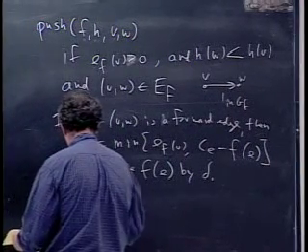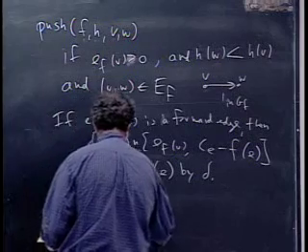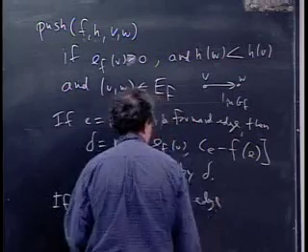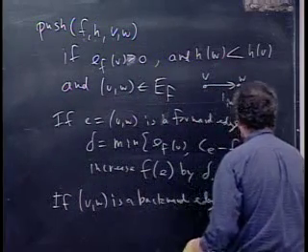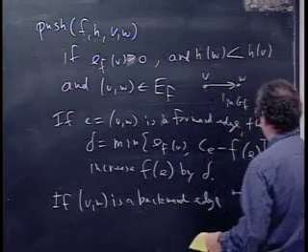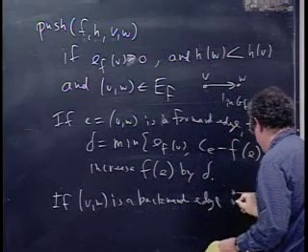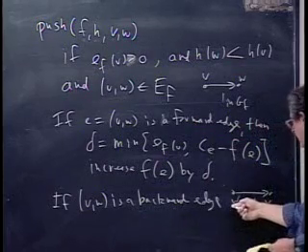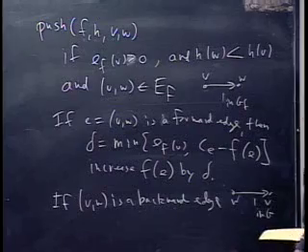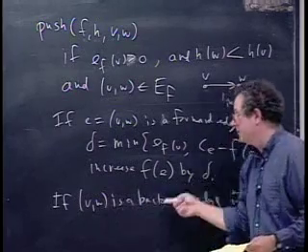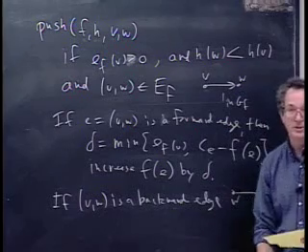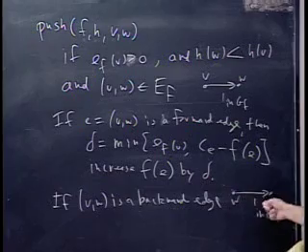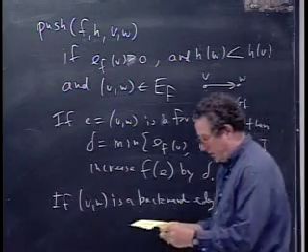If VW is a backward edge, so here this is the edge in the residual graph, but it meant that this was the original edge in G. The original edge went from W to V, right? If VW is in the residual graph and it's a backward edge, then the original edge we're talking about goes from W to V. Okay?